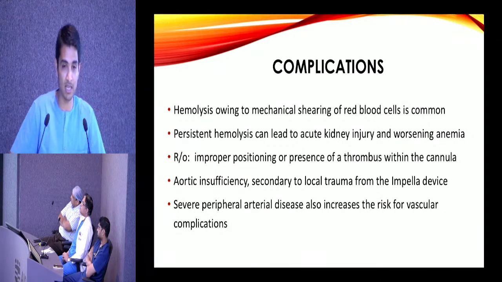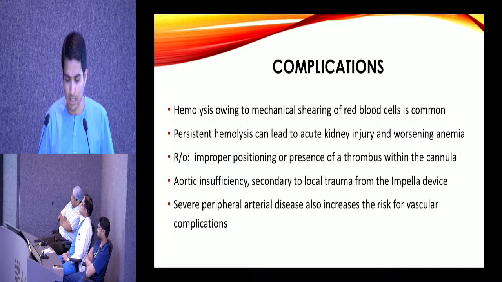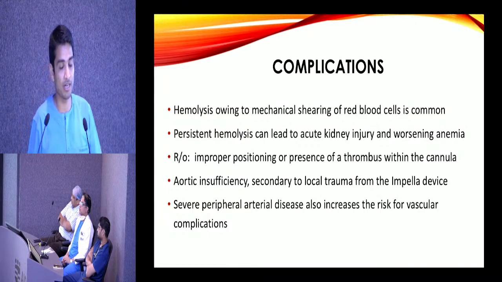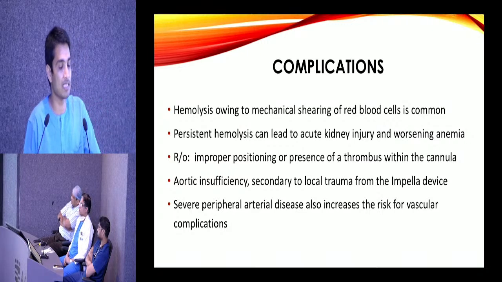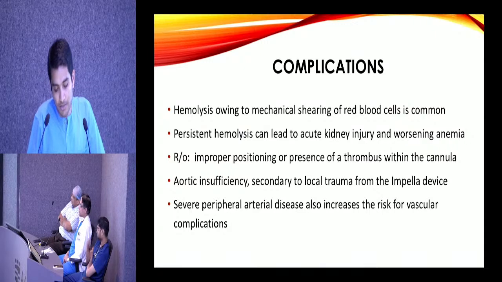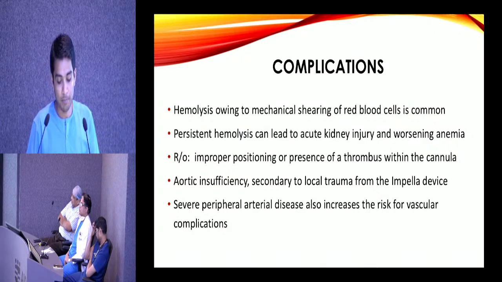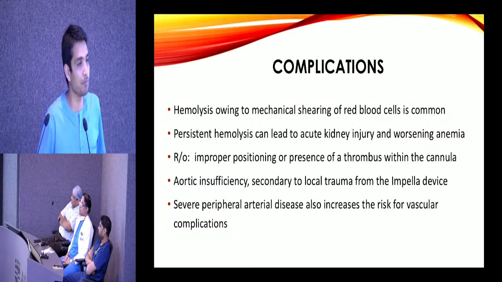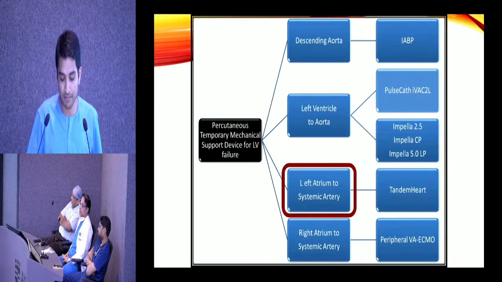Sometimes arrhythmias can occur because of contact. Aortic insufficiency has been reported because this is a retro-aortic device. There is, after all, a device sitting across the aortic valve, and if it's sitting there for several days, rarely it can cause some problem. And peripheral arterial disease is a consideration. To overcome that, axillary placement with a graft, those kinds of options have developed.